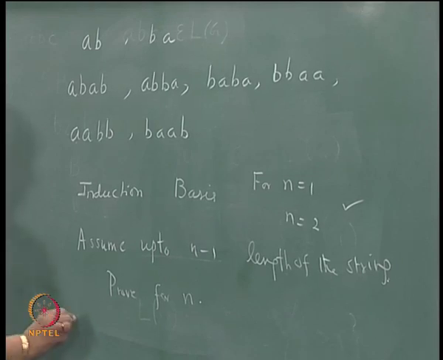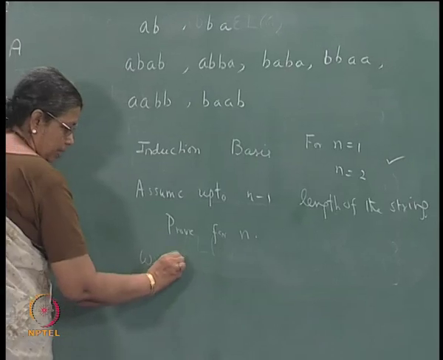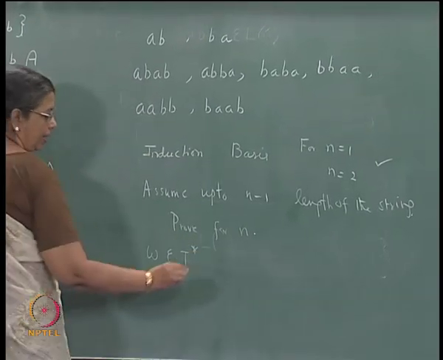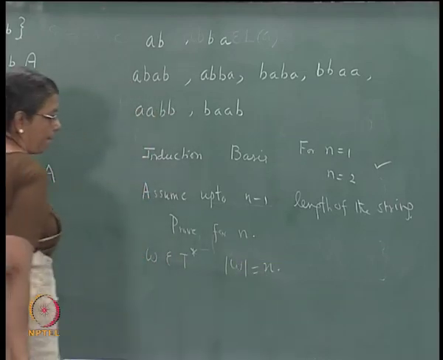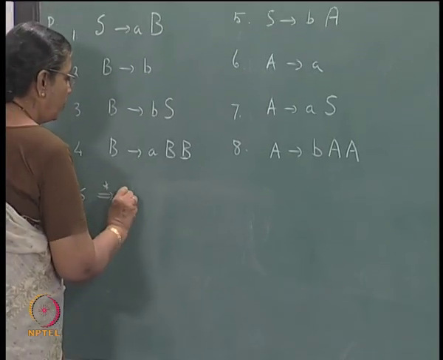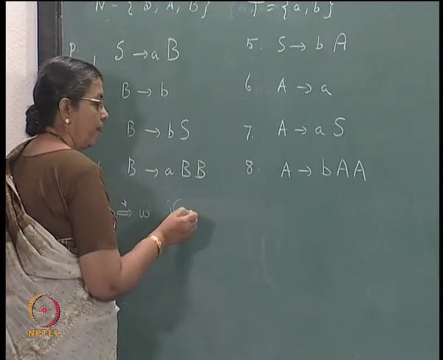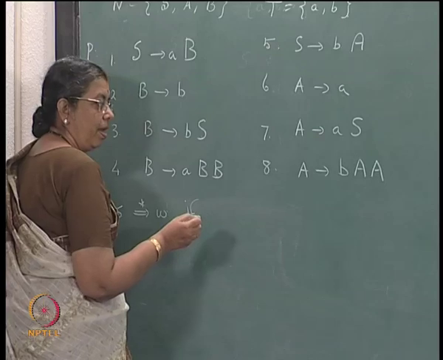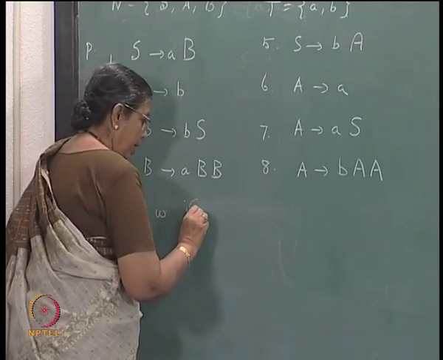So, if you have a string W belonging to T star and the length of W is n, you have to prove that S derives W if and only if W has equal number of A's and B's. So, there are two parts.